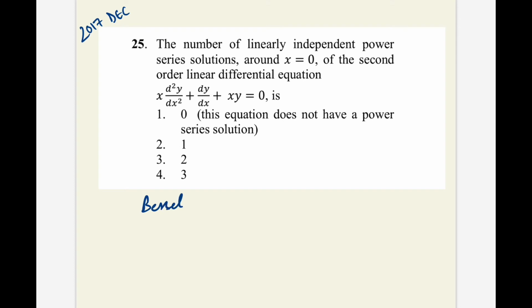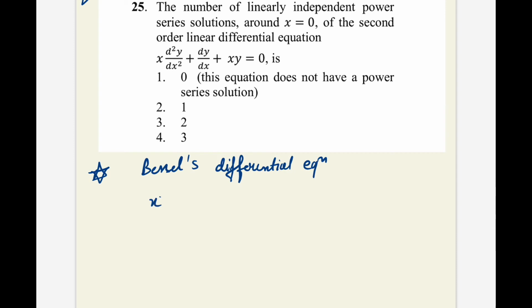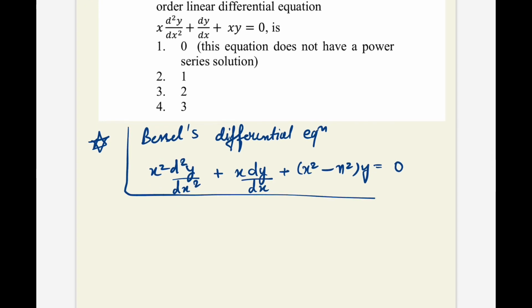So remember this: Bessel's differential equation reads as x square d2y by dx square plus x dy by dx plus (x square minus n square) y equals 0.